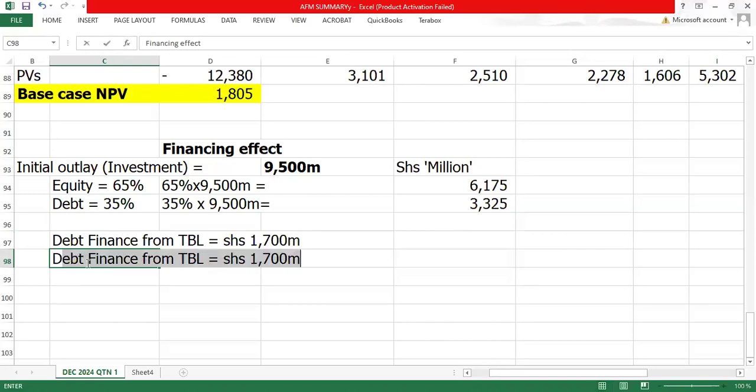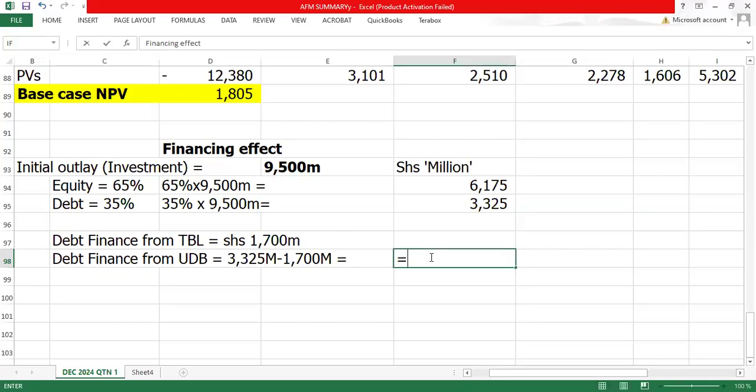Then the debt finance from the Uganda Development Bank will be the balance. What is the balance? You get 3,325 million minus 1,700 million. Here you get how much?